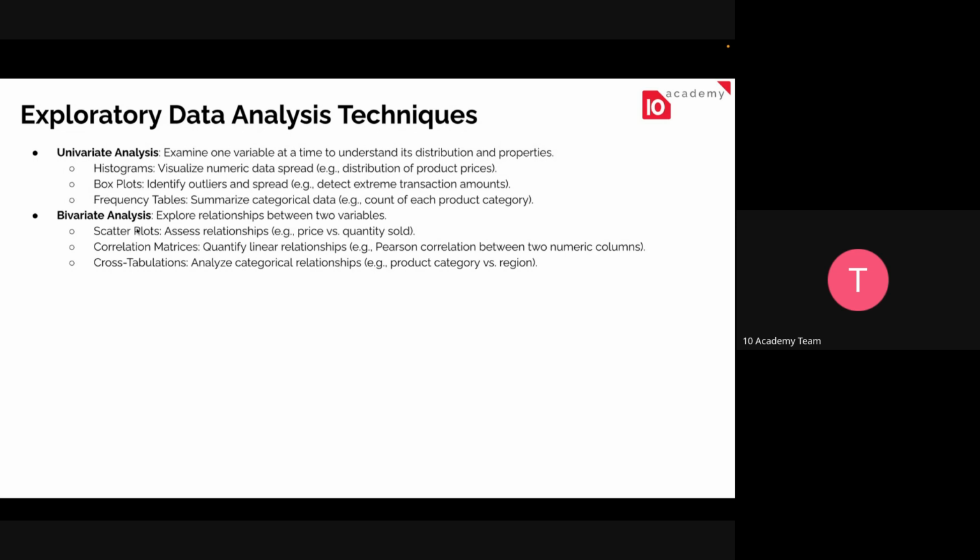We could use scatter plots, correlation analysis, and cross tabulation. A scatter plot assesses the relationship, correlation quantifies the linear relationship between two variables, and cross tabulation is for analyzing categorical relationships.